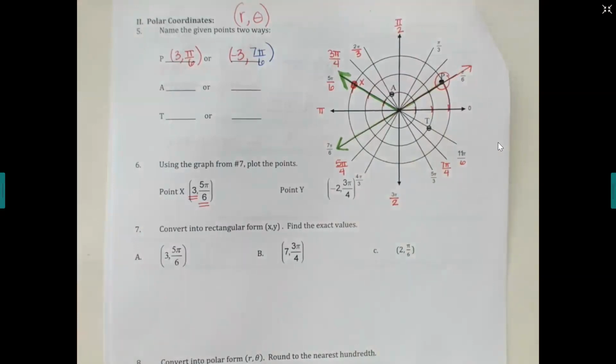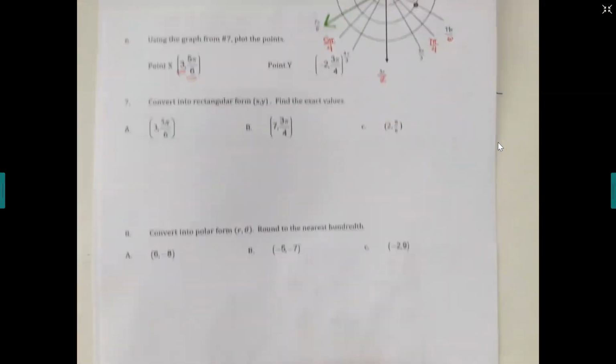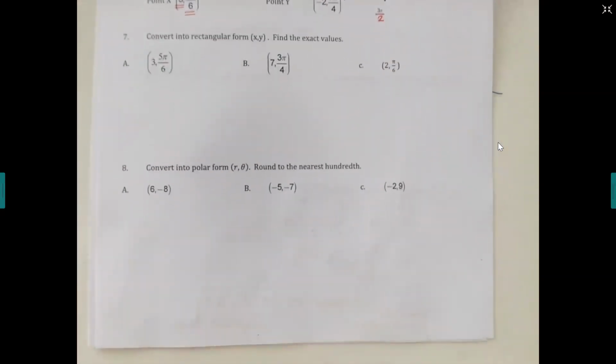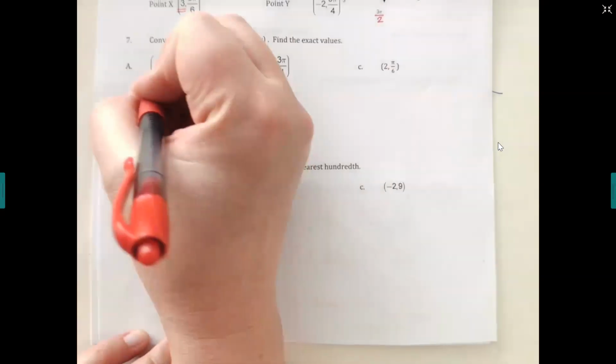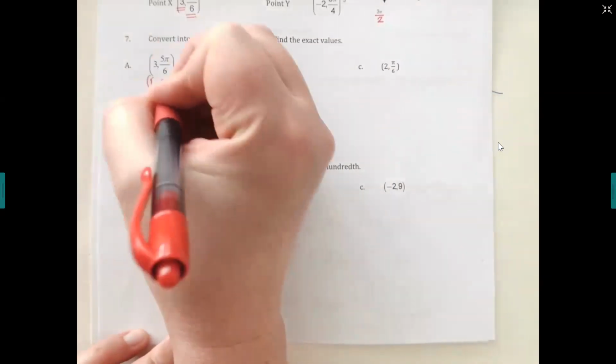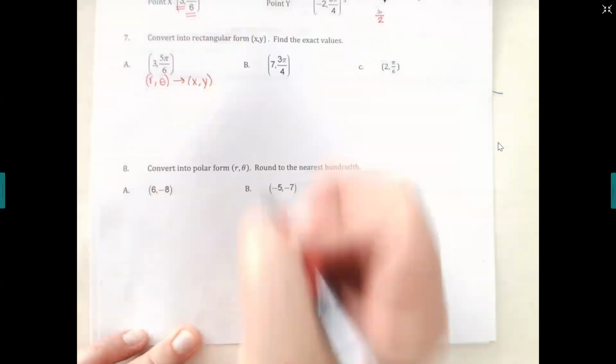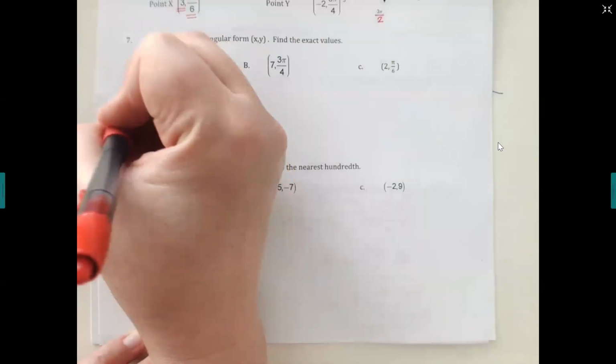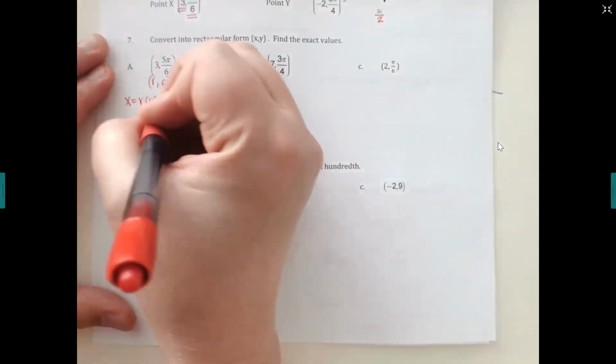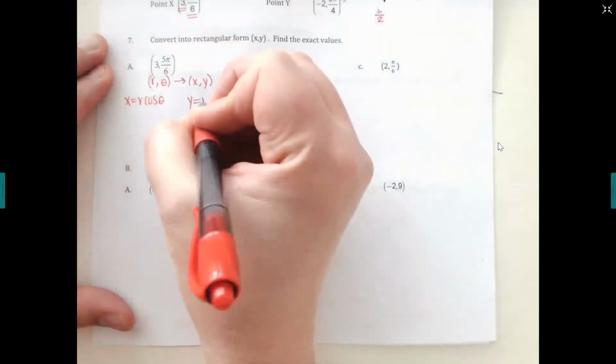Okay. All right, last 2 parts for polars, where we learned how to convert these. So if you start off with an r, theta, and you're wanting to turn it into an x, y, the formulas that you're going to use are x equals r cosine theta and y equals r sine theta.